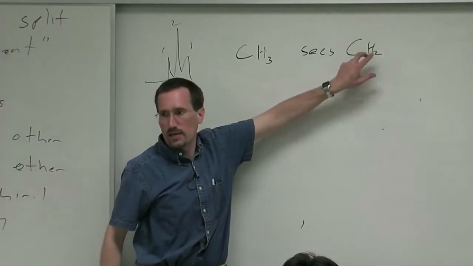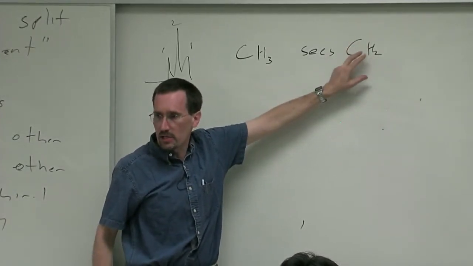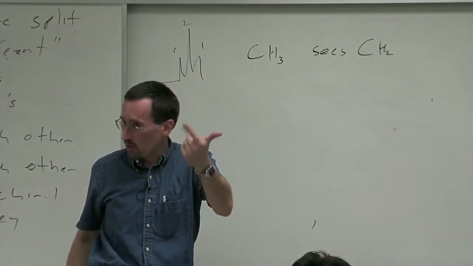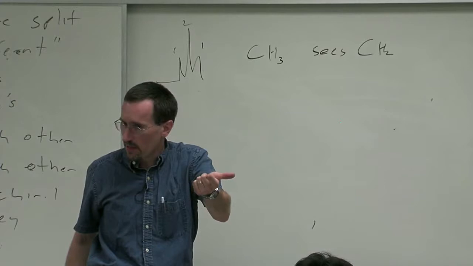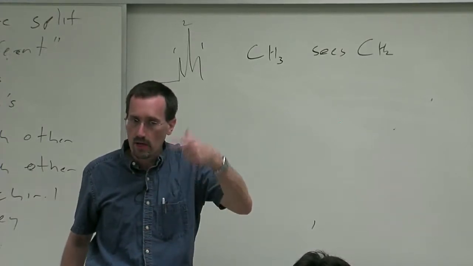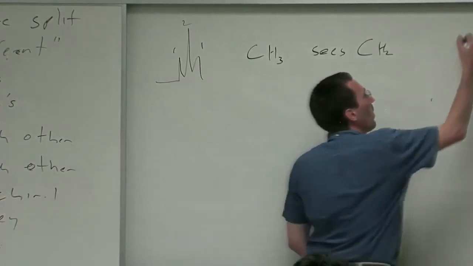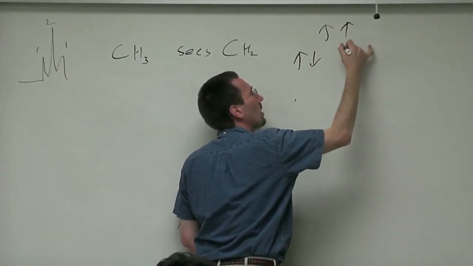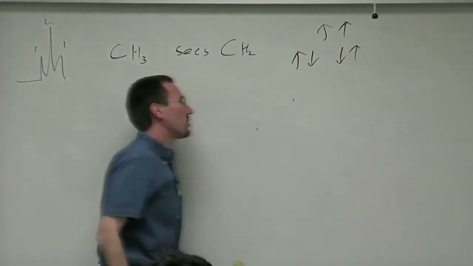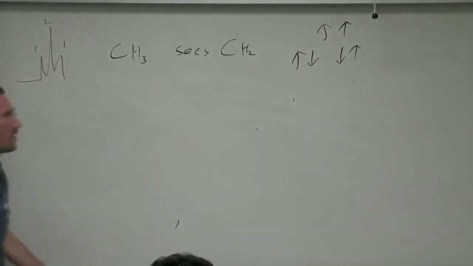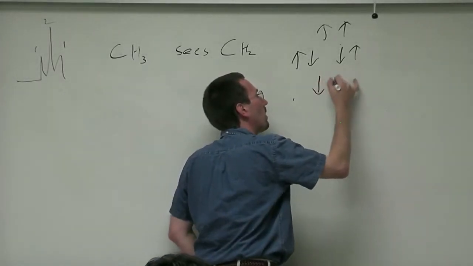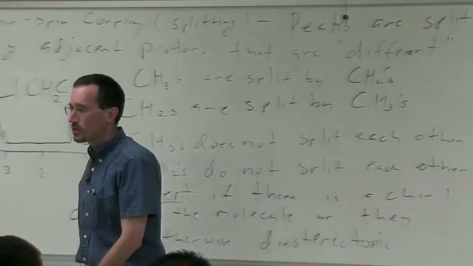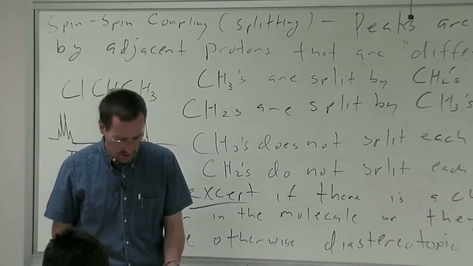And the two protons act as little magnets in each molecule. And those little magnets can both be spin up, or one can be spin up and one can be spin down, or they both can be spin down. So you get 3 lines. There's one way for them both to be spin up. There are 2 ways for them to be one spin up and one spin down. And there's one way for them to be spin down. And so that gives rise to our 1 to 2 to 1 triplet.